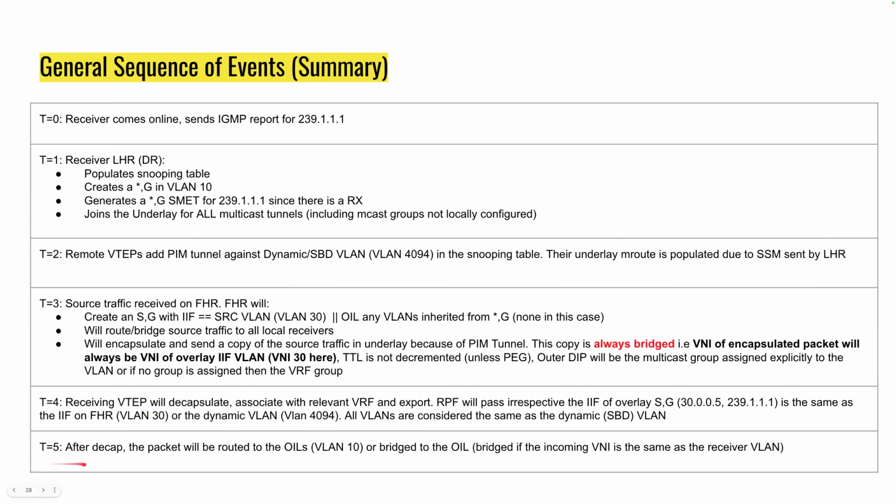Once the packet is decapsulated, it will be routed to the OIFs, or it would be bridged to the OIFs if the interested receivers are in VLAN 30 as well.